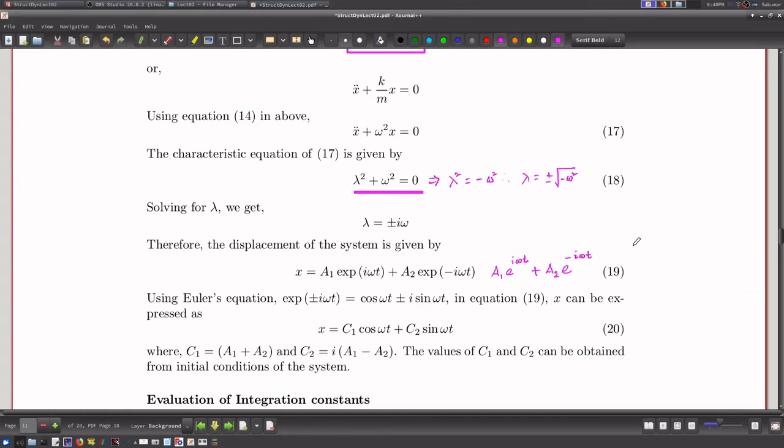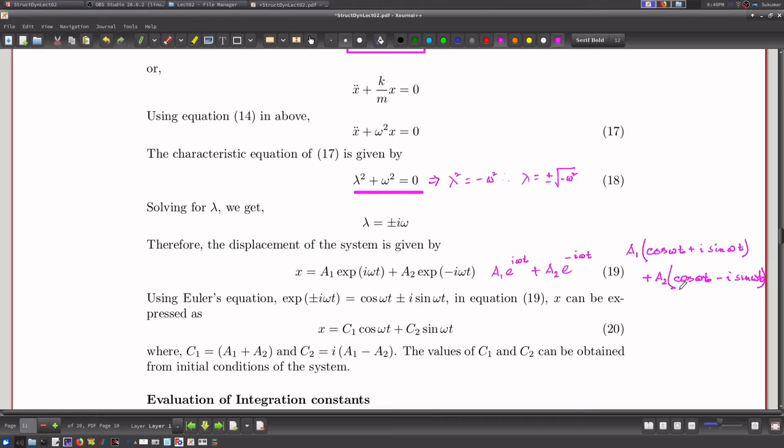So I get A1 into cos omega t plus I sin omega t plus A2 cos omega t minus I sin omega t, right?